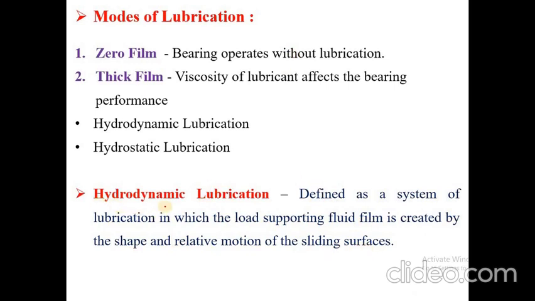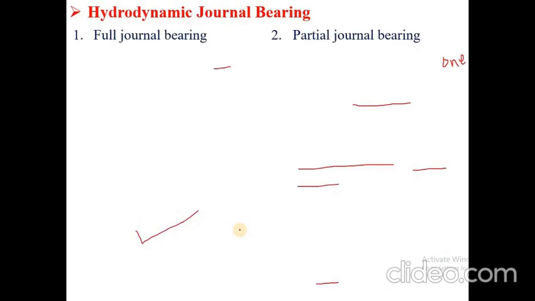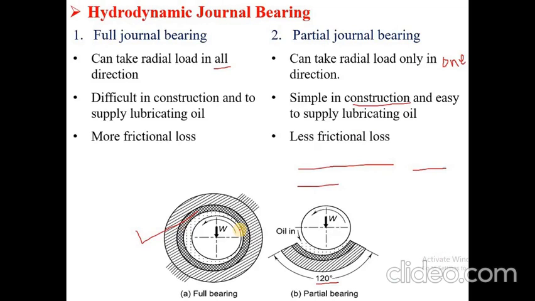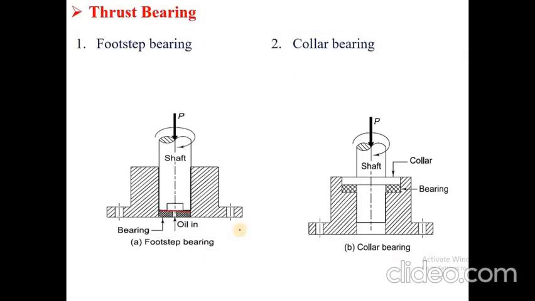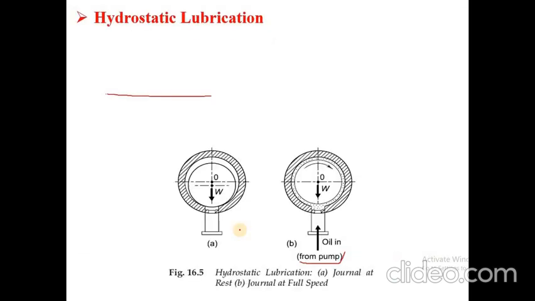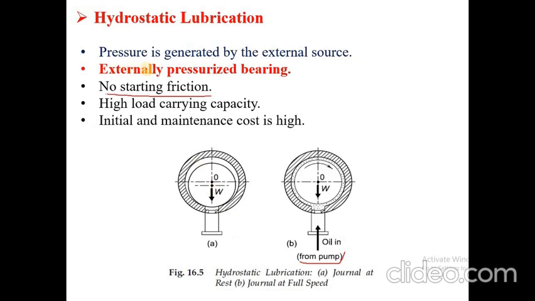So in case of hydrodynamic lubrication, pressure generated is due to the shape and the relative motion of the sliding surfaces, which supports the load. Whereas in case of hydrostatic lubrication, pressure is generated by means of external power source.